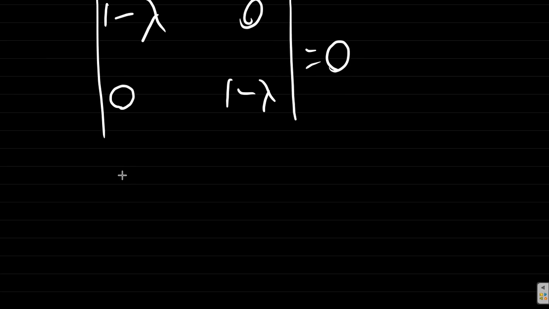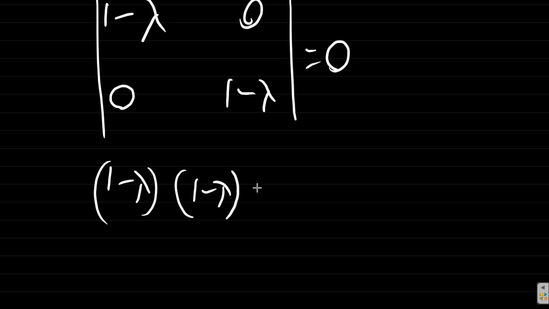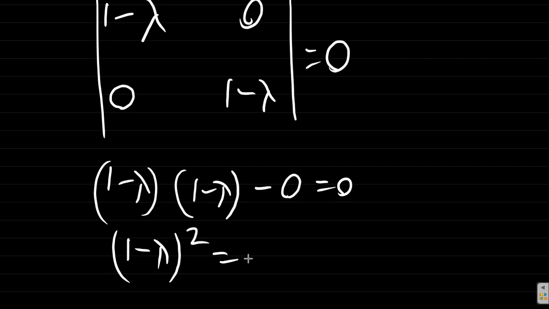So, determinant: 1 minus lambda times 1 minus lambda minus 0 times 0 is equal to 0. Now, it means that 1 minus lambda squared is equal to 0.